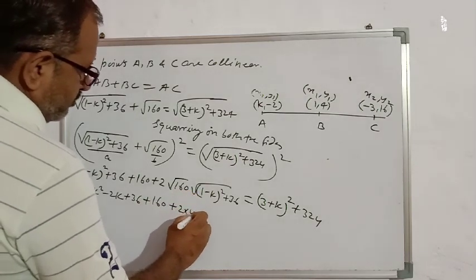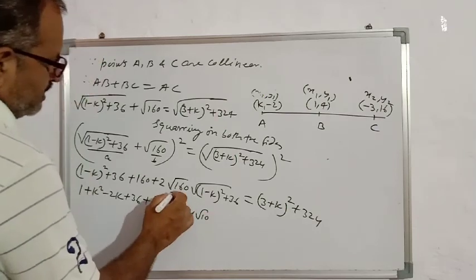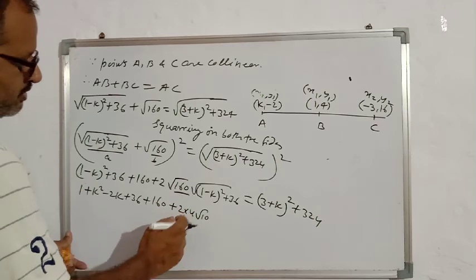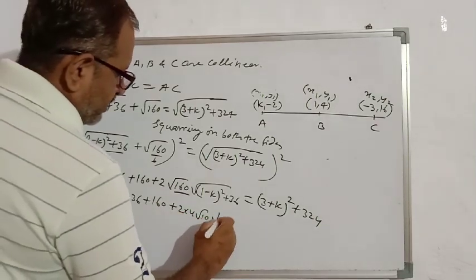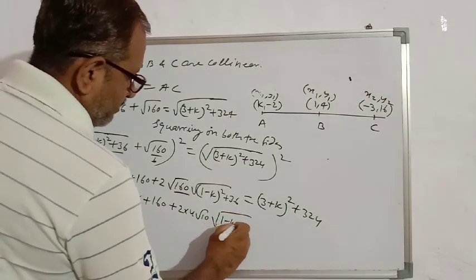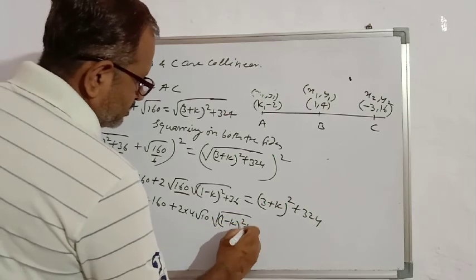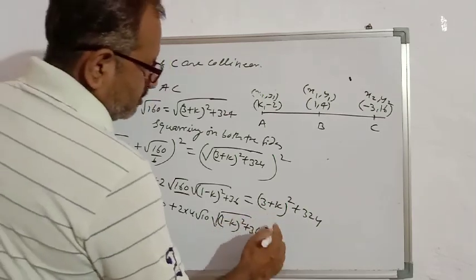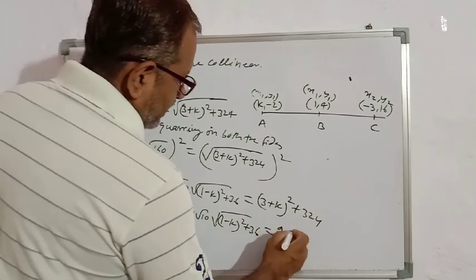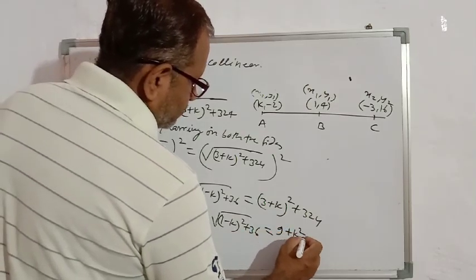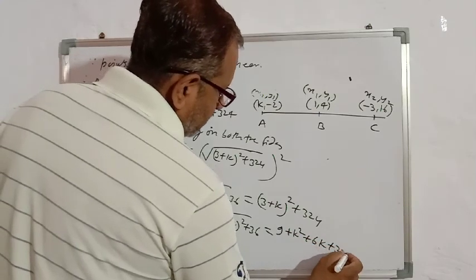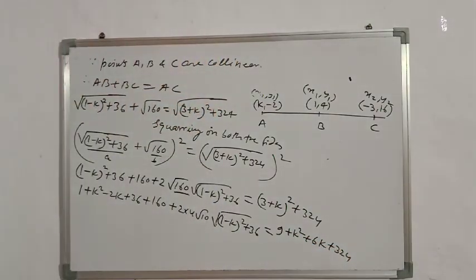We can write it 4 root 10, 160 means 16 into 10, square root of 16 is 4, so 4 root 10, under root 1 minus k whole square plus 36. Here a plus b whole square: 3 square 9 plus k square plus 6k plus 324.